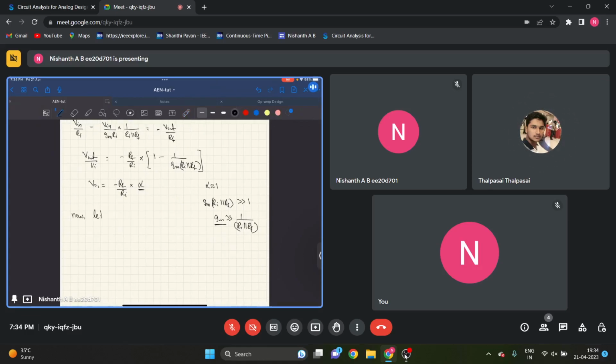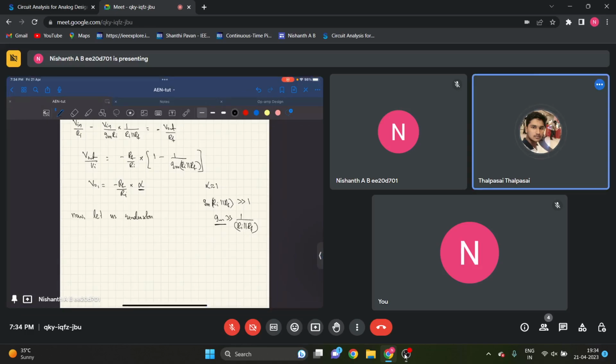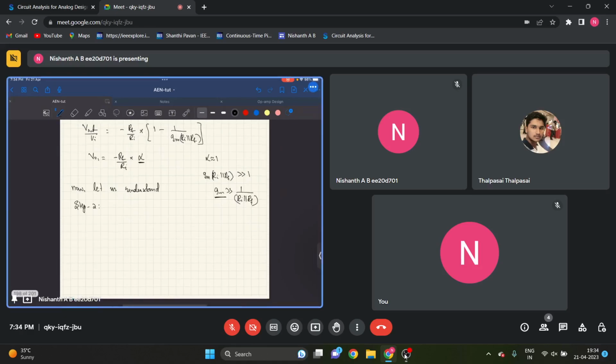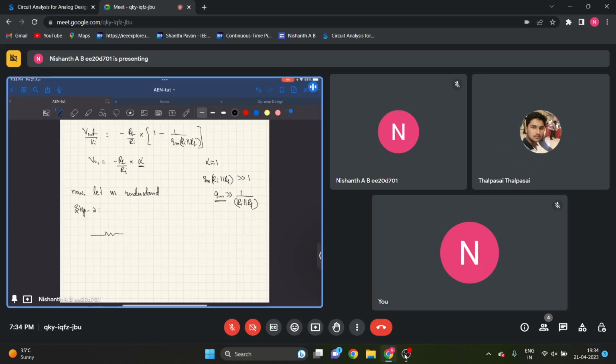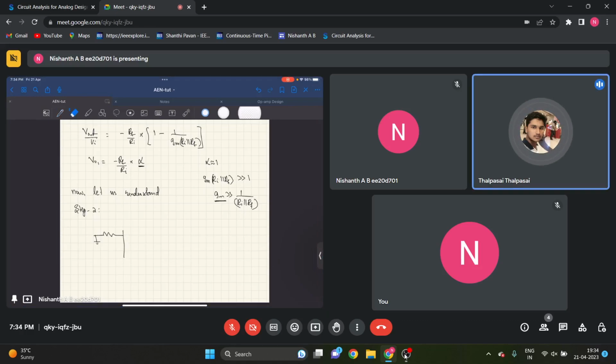Now let us understand step 2. What is step 2? You connect the input to 0, right? Yes, sir. We need to connect the input to 0 and we have to inject a current.